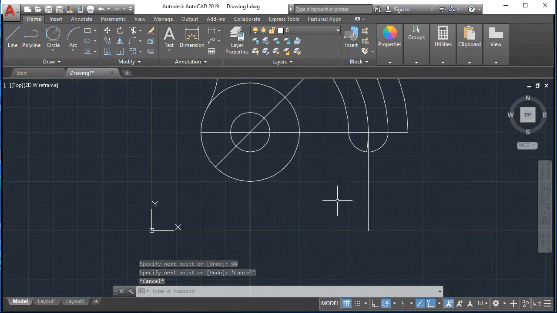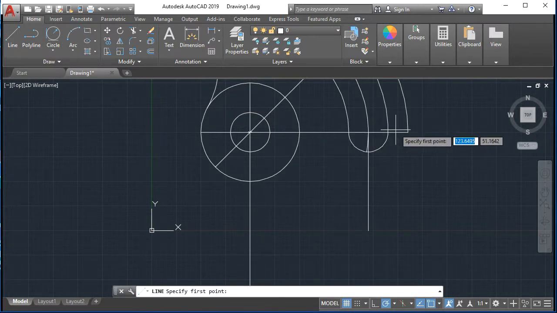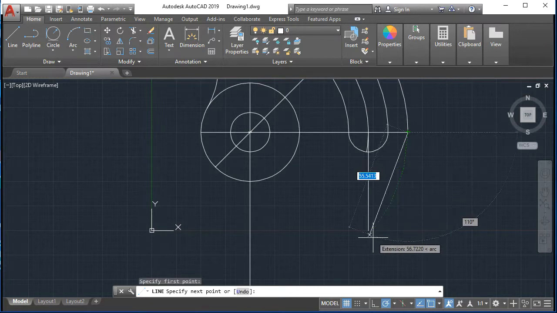Now I am drawing a tangential line starting from here, and it will end here. I am taking a line from here to here.